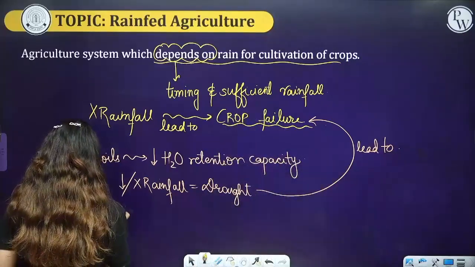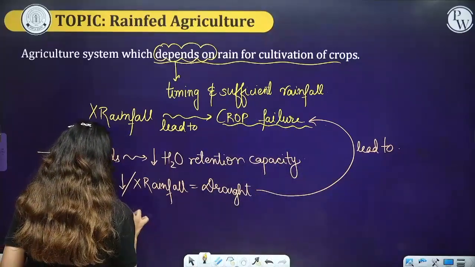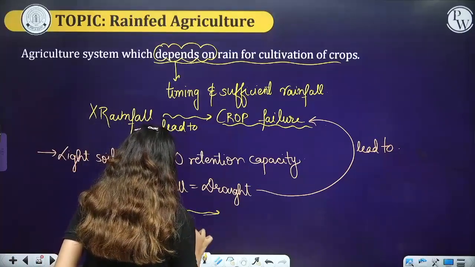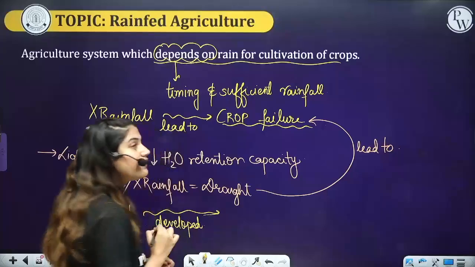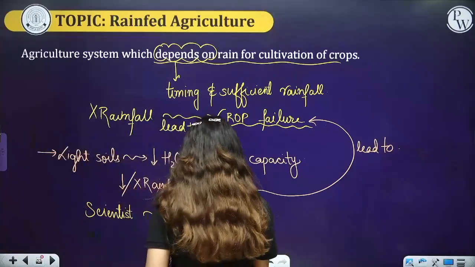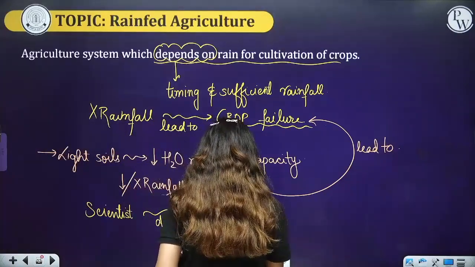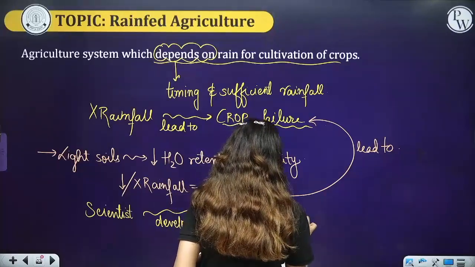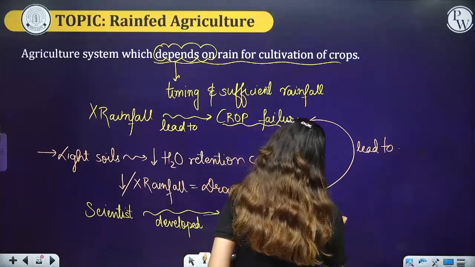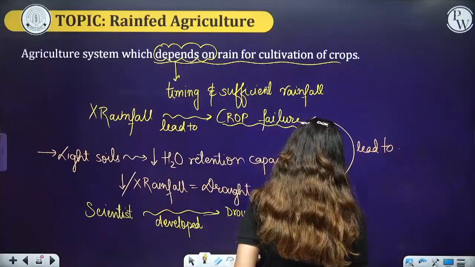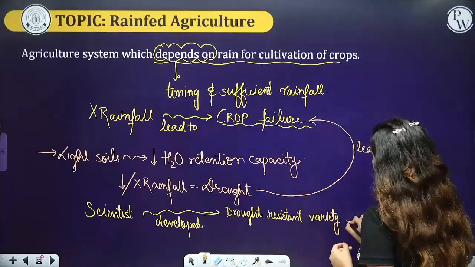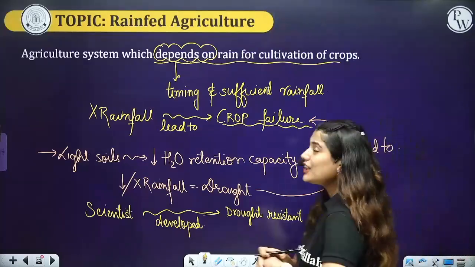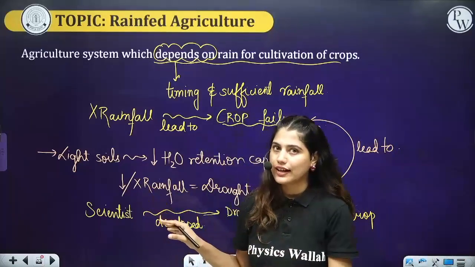The scientists have developed drought resistant varieties, right? They can satisfactorily live in this condition. That was about rain-fed agriculture.